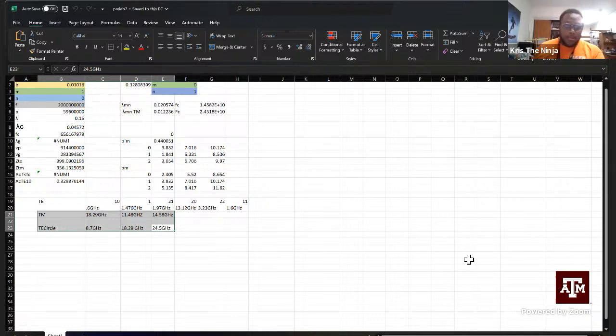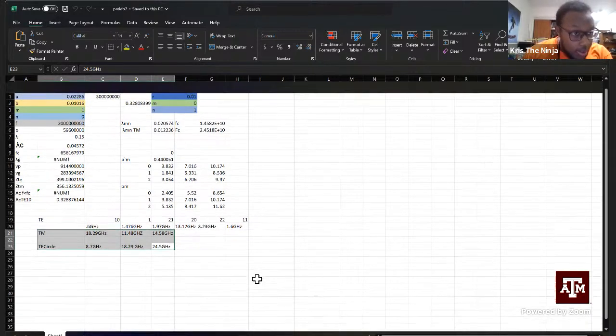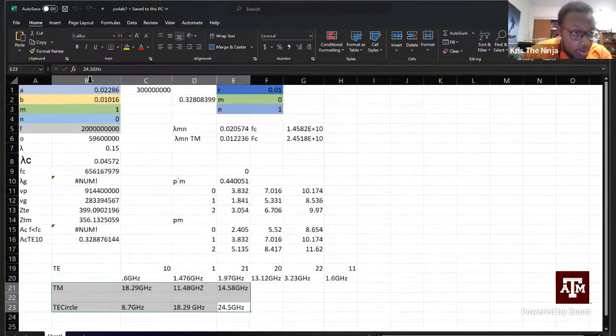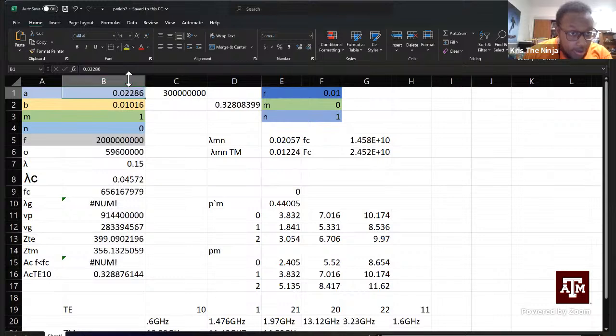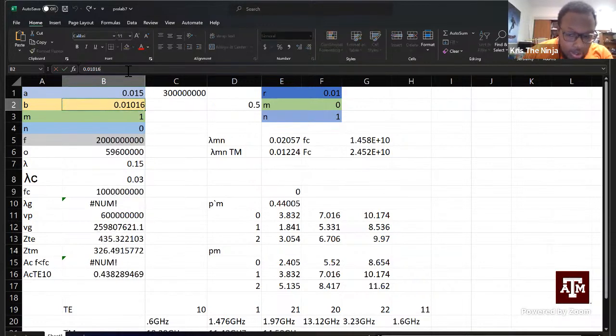Essentially, here's how this works. Our A is 15 millimeters. Our B is 25 millimeters. Our M is 2.